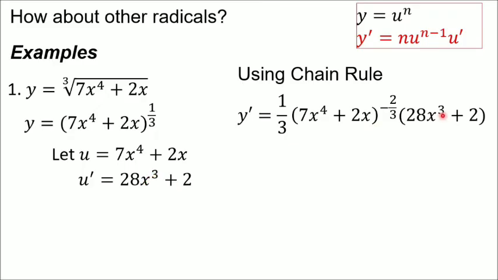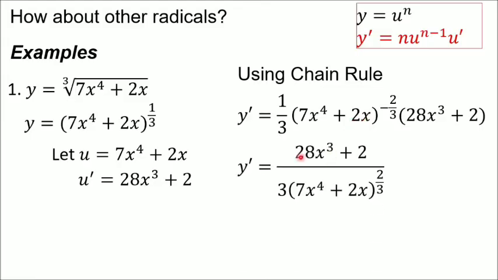And then, we will simplify. Dahil may negative dito na exponent, we will bring this into the denominator para maging positive siya. So this will become 1 times this one, 28x to the 3 plus 2, all over 3 times this one, tapos naging positive na yung kanyang exponent. And finally, i-change natin ito, ibalik natin siya sa radical expression.